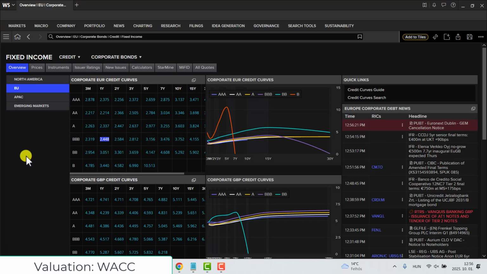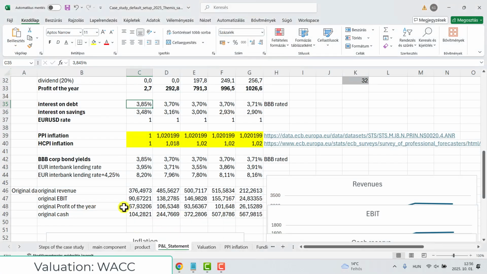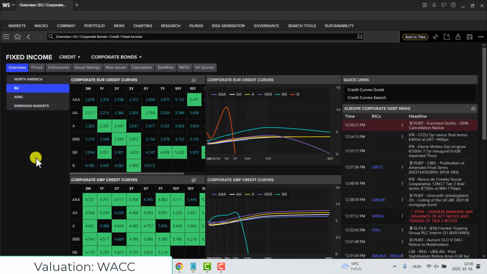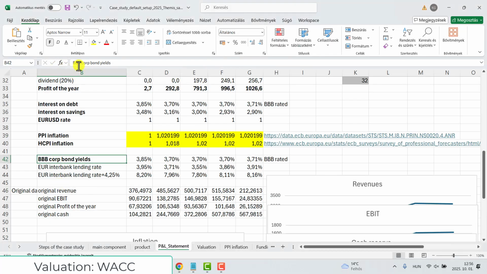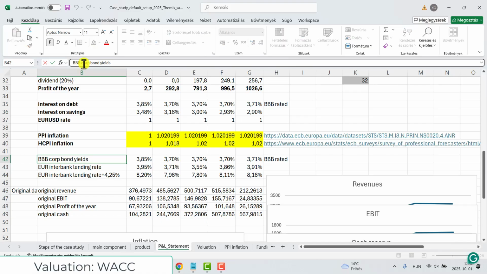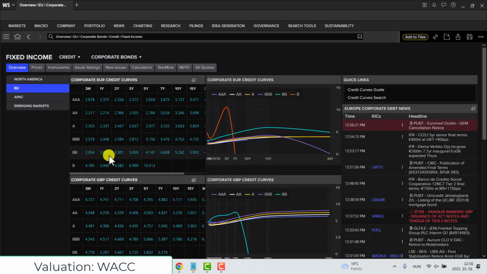So if we have to update this, we can be even stricter. We can say that the company is so rubbish that we can downgrade it to BB. So at least we can have a higher interest rate still.